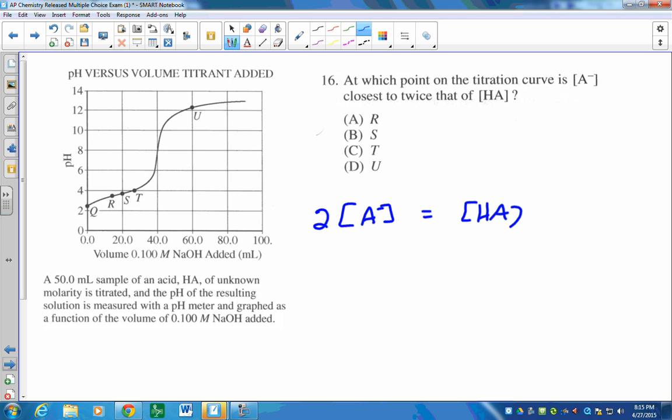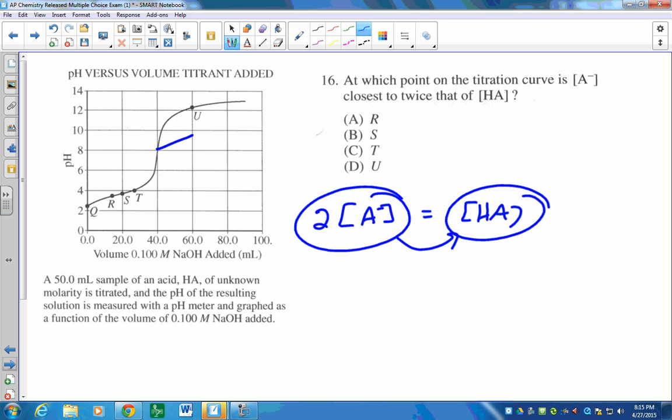And so you have twice as much of this as this, but you still have some of this, so you can't be over here. And the only point that makes sense, in my opinion, is C, because you have to be on this side of the half equivalence point because you have more conjugate base than acid, but you still have some acid around, so you have to be in this region.